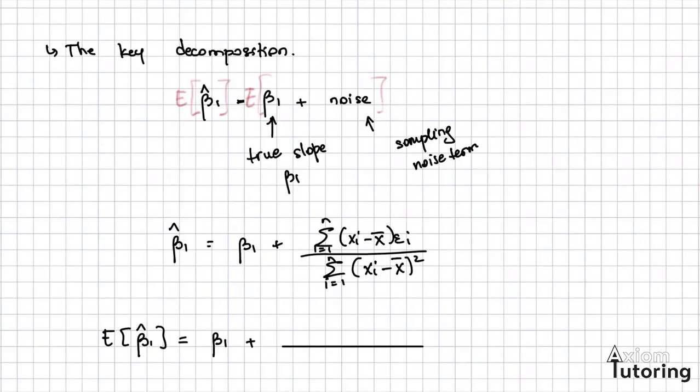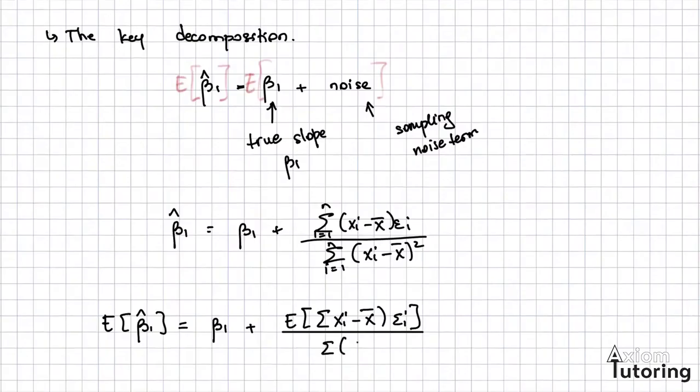So I can write that as the expectation of the sum of xi minus x bar epsilon i. And then I'm just going to leave for now the bottom as is, i from 1 to n.